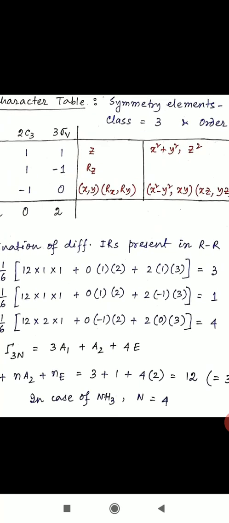So if I write the total reducible representation in the form of different irreducible representations, then in Bethe notation, 3n is equal to 3A1 plus A2 plus 4E. Now just for checking, I am adding 3 plus 1 plus 4, so that is 8.